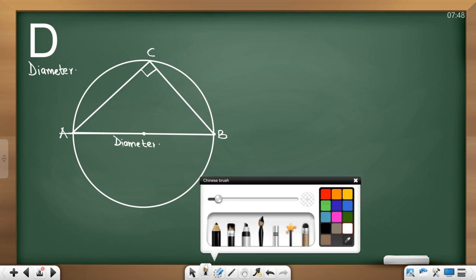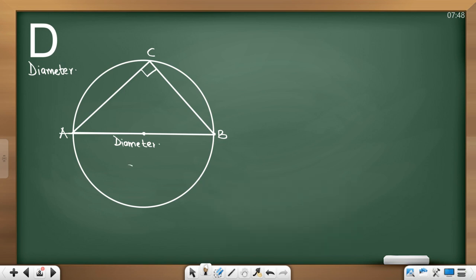A diameter divides a circle into two, right? So this one is called a semicircle. All right? So we are going to be saying angle in a semicircle. Angle C is equal to 90 degrees.